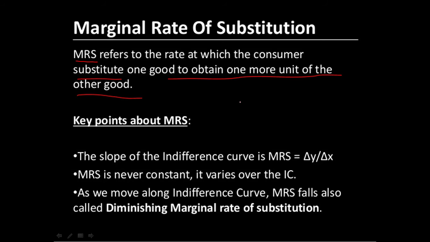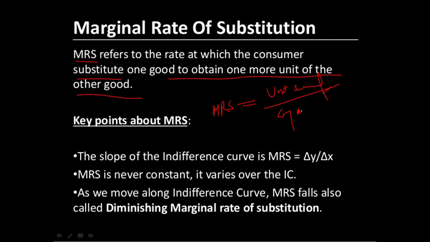Let us understand the key points about MRS. MRS can be summarized like this: units of bananas willing to sacrifice divided by units of apples willing to gain.